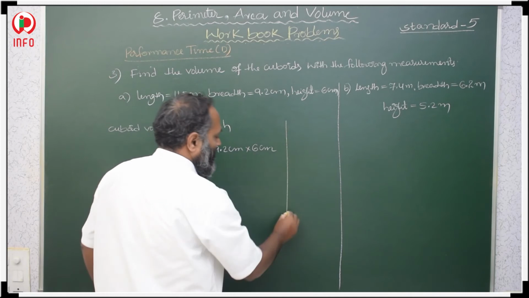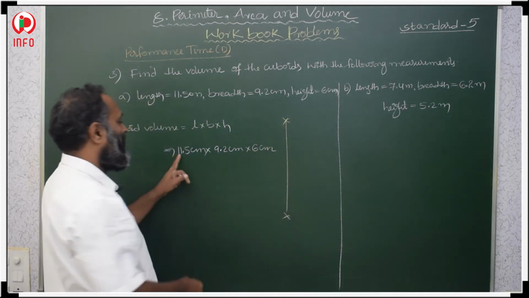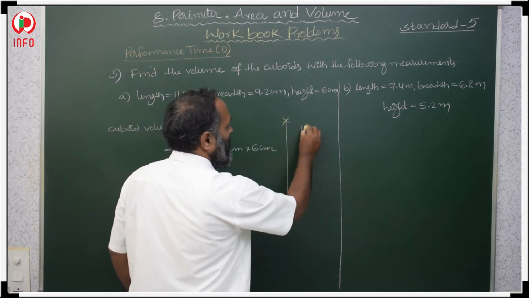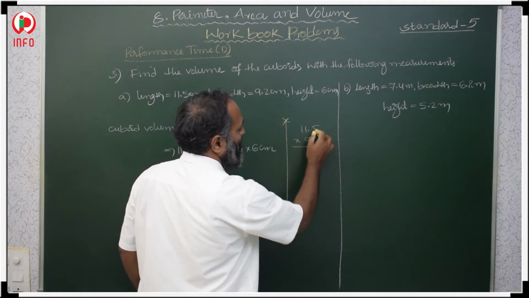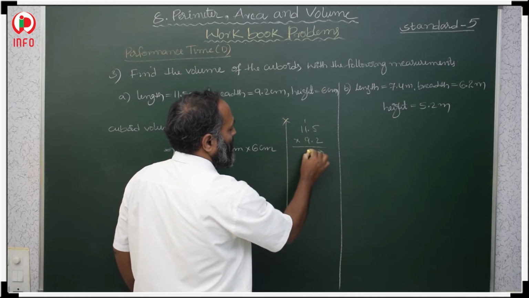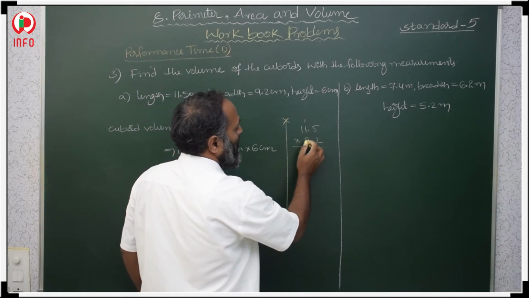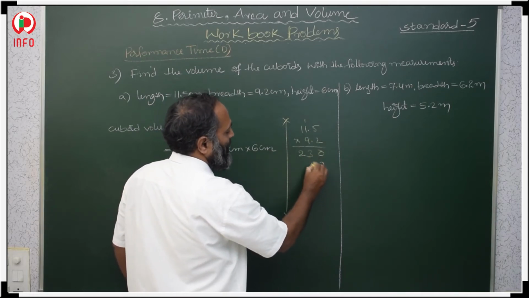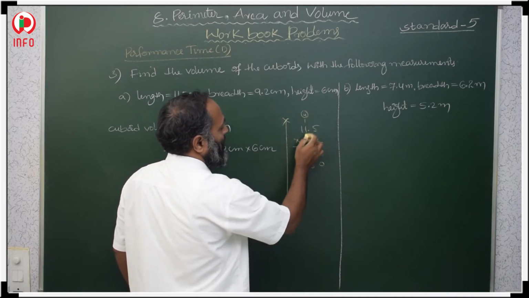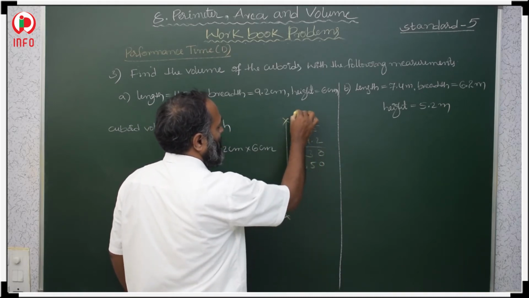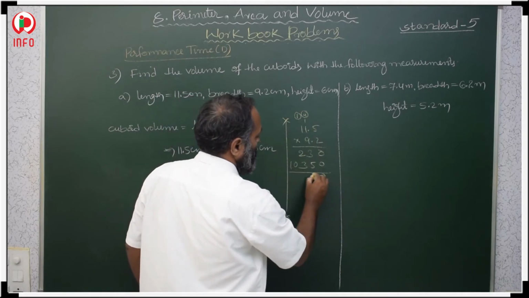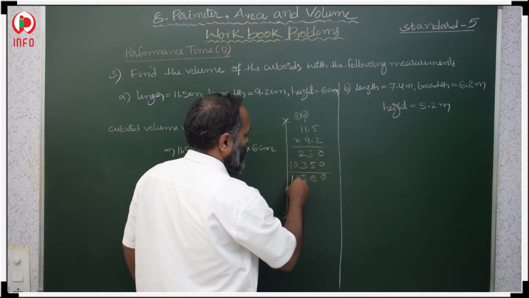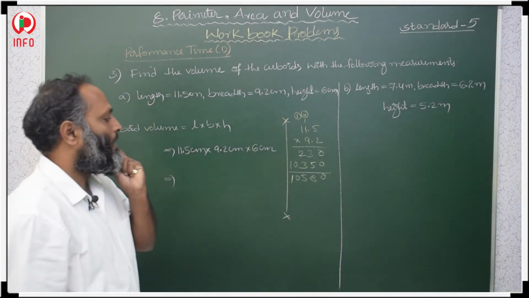First we have to multiply 11.5 with 9.2. 2 5s are 10, 2 1s are 2, 3, 2 1s are 2. Next 9 5s are 45, 9 1s are 9, 13, 1 9 is 9, 10. That gives 10582.